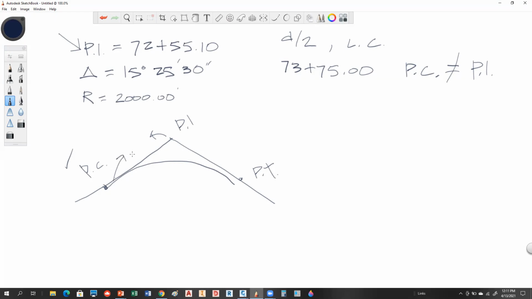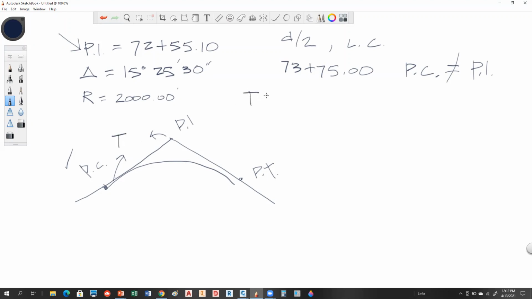Anybody know what that distance is called? Is it the algebraic difference? No, we're not talking about vertical curves here. This is a horizontal curve. So this is called your tangent, T.